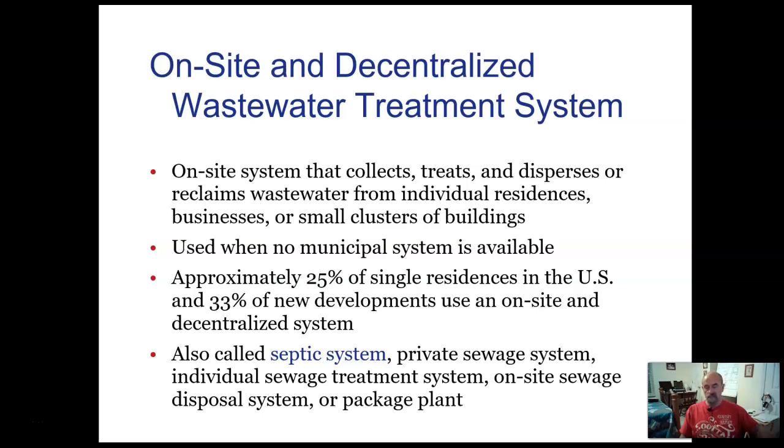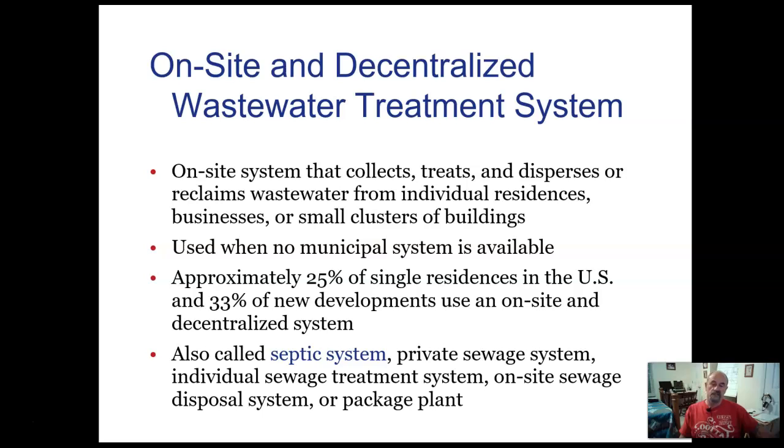On-site systems collect, treat, and disperse or reclaim wastewater from individual residences, businesses, or small clusters of buildings. They're used when no municipal system is available, and approximately 25% of single residences in the United States and 35% of new developments use an on-site and decentralized system.